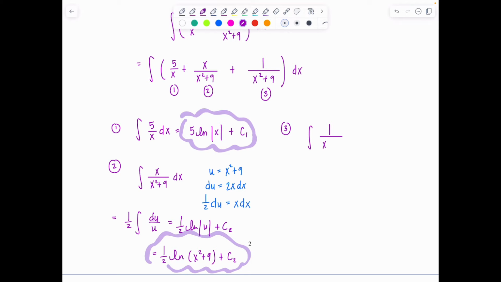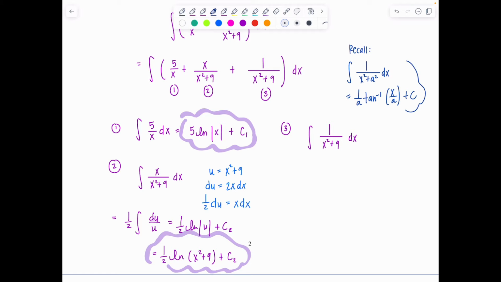Some students, they were so in the zone, they forgot their minds and they did a trig sub, which would get you to the right answer. It certainly would, but it's a lot more painful. So just recall, when you have the integral of 1 over x squared plus a squared dx, it's 1 over a tan inverse x over a plus c.